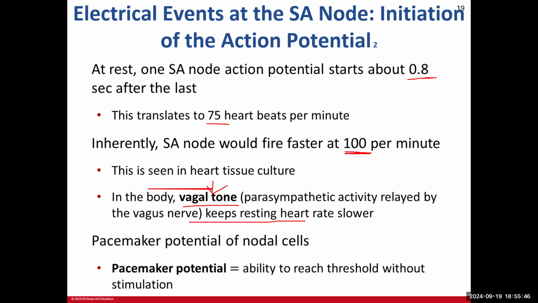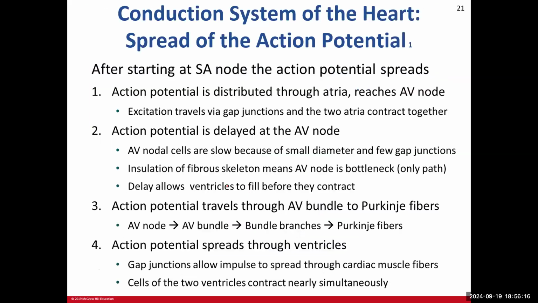What causes that is just the concentration of sodium inside and outside the cell and the concentration of calcium inside and outside the cell. So keep that in mind. When we talk about pacemaker potential, we don't need any help to get to that threshold value of what? Do you remember? It's not up there. Threshold. Well, negative 40, right? And then your resting membrane potential for a nodal cell is going to be negative 60 there.